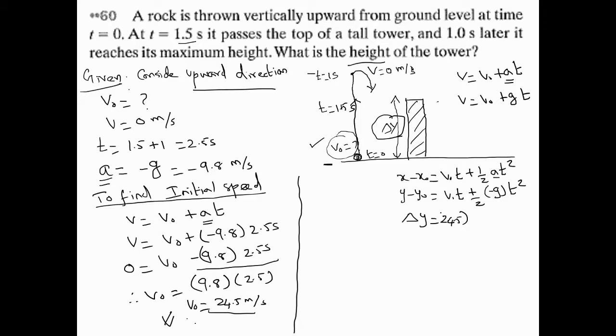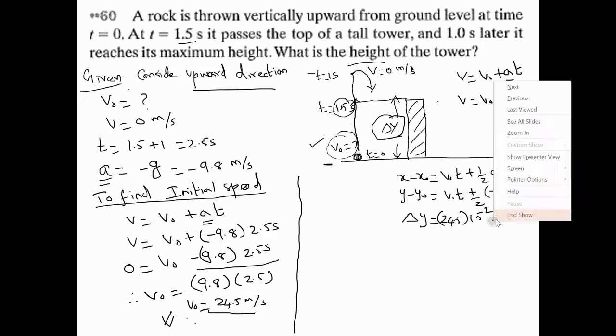Our initial speed is 24.5 multiplied by the time. 2.5 seconds? No, 1.5. If you write 2.5, then your answer will be wrong, because you have to see the height, because we are measuring the height. For this height, how much time does it take? 1.5 seconds. So here you have to write 1.5 square.